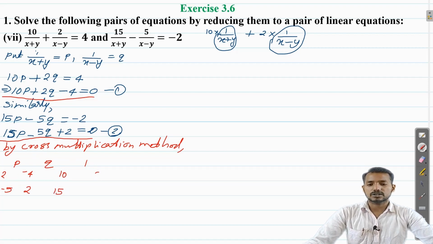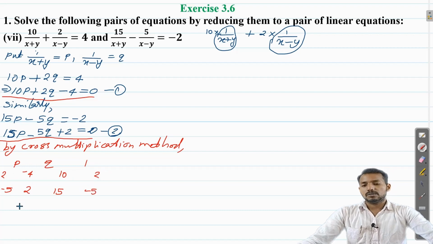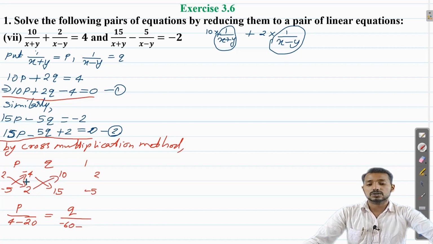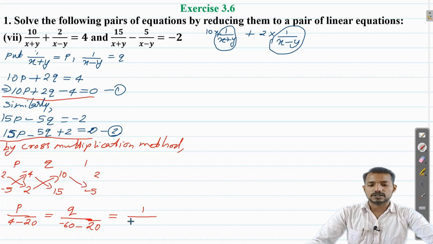Next B1, B2, that is 2 and minus 5. Make the equation. So P divided by 2 into 2 is 4, minus 4 into minus 5 is plus 20, which is equal to Q divided by minus 4 into 15 is minus 60, minus 2 into minus 10 is plus 20, which is equal to 1 divided by 10 into minus 5 is minus 50, minus 15 into 2 is minus 30.